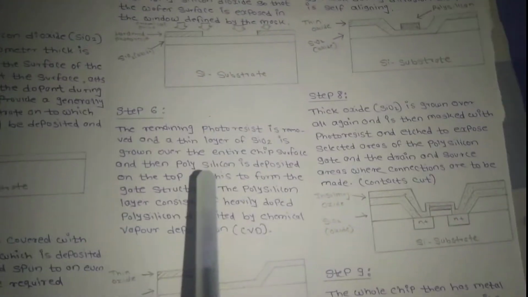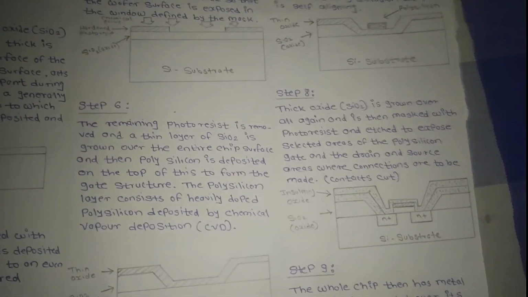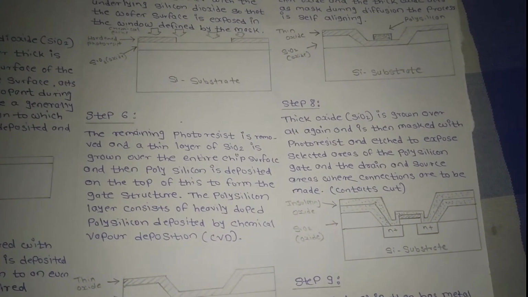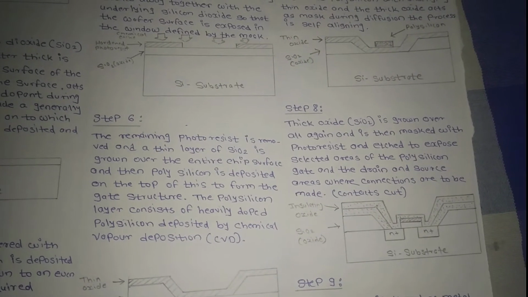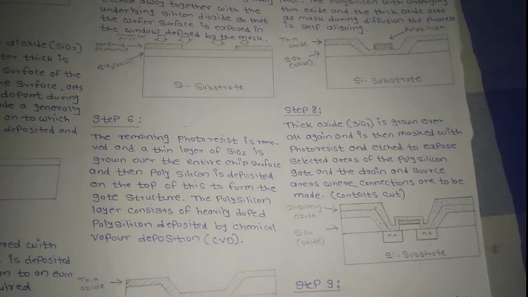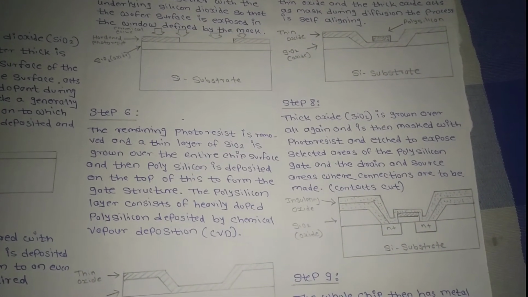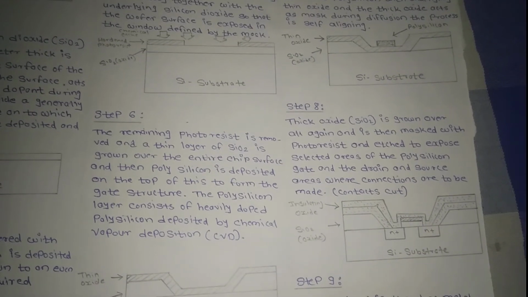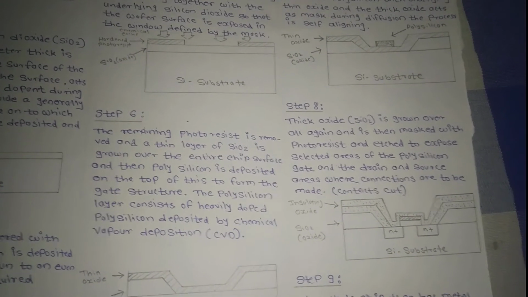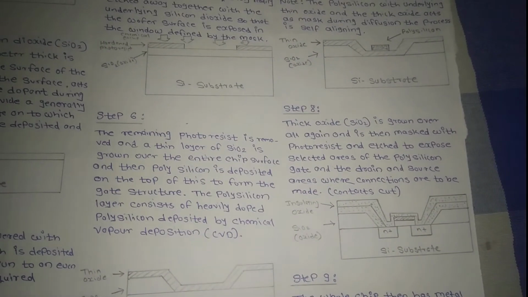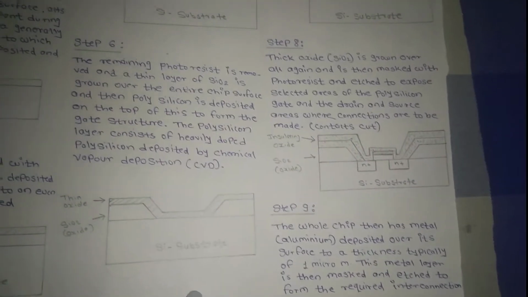In step 6, the remaining photoresist is removed and a thin layer of SiO2 is grown over the entire chip surface, and then polysilicon is deposited on top of this to form the gate structure. The polysilicon layer consists of heavily doped polysilicon deposited by chemical vapor deposition. This is the diagram for step 6.